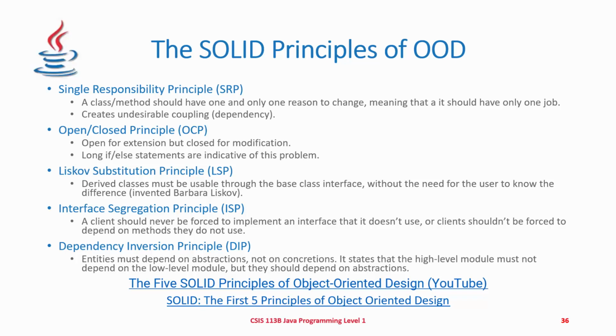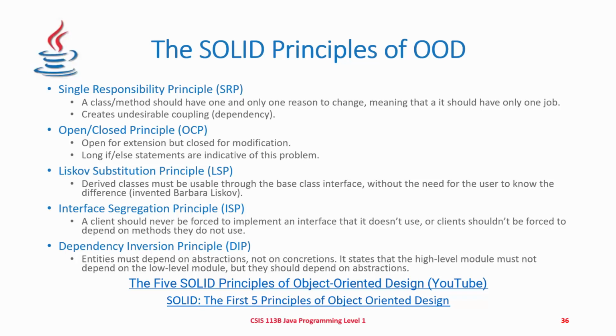An example of violating the open-closed principle is if you start having to write a lot of if-else statements. I'll give you a quick example. If you were using doubles in some sort of accounting calculation method, and then all of a sudden management decides they don't want doubles to be used anymore, they want ints instead.